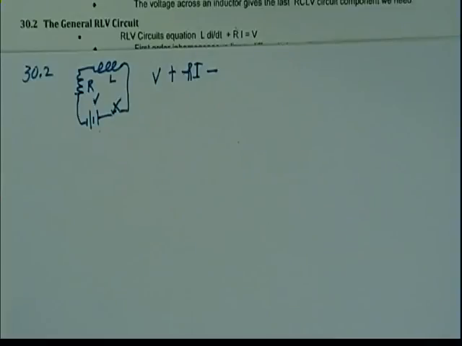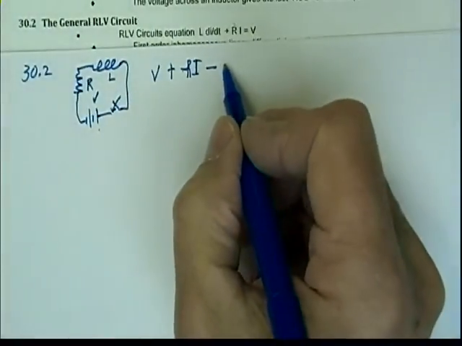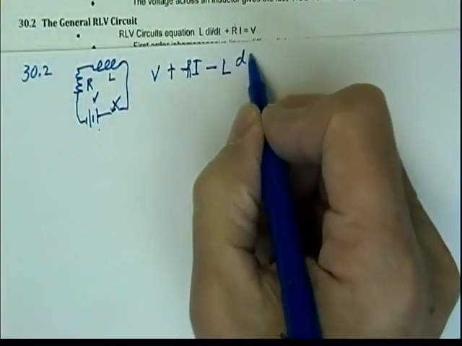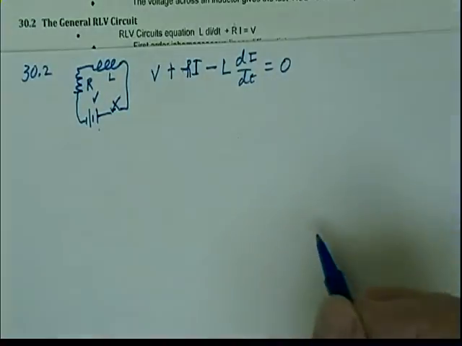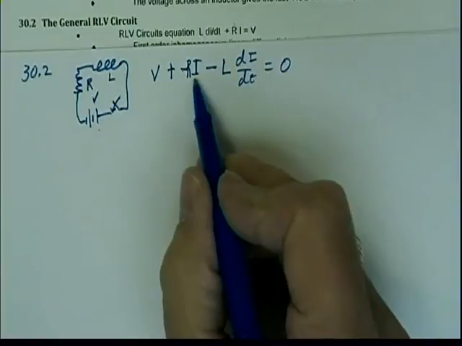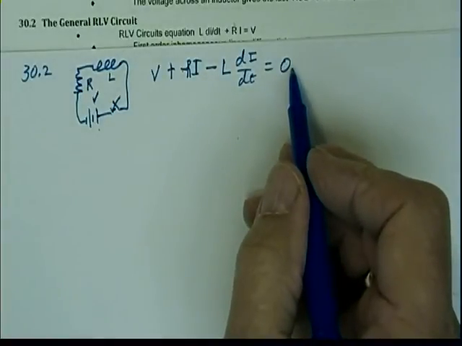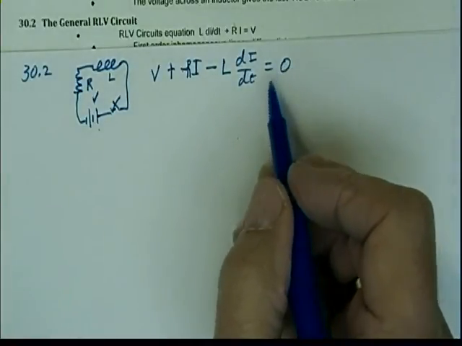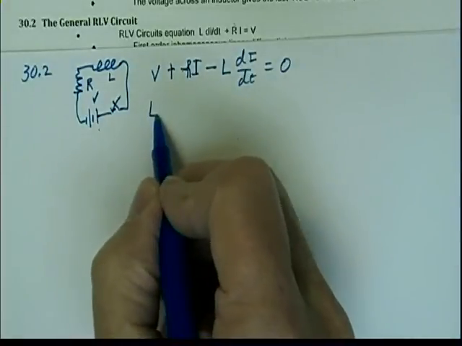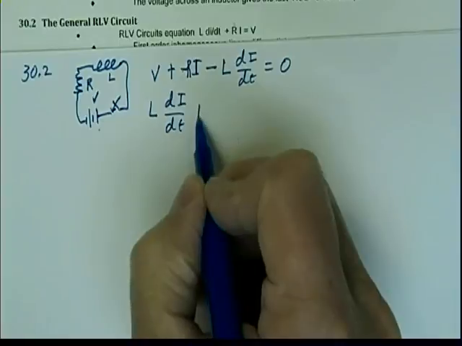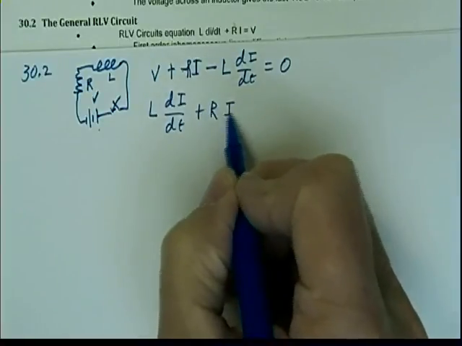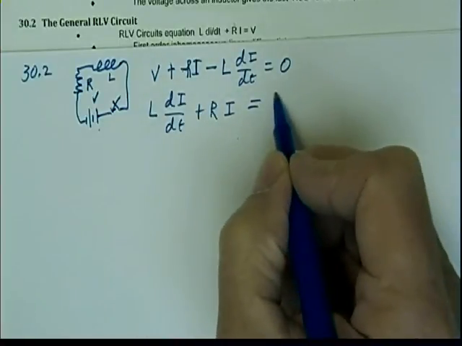So now we can write that as L di/dt. And the sum of those must be zero. Well, we can bring these to the other side of the equation. They become both positive, and we see that we can rewrite that equation as L di/dt plus R times I is equal to the voltage.